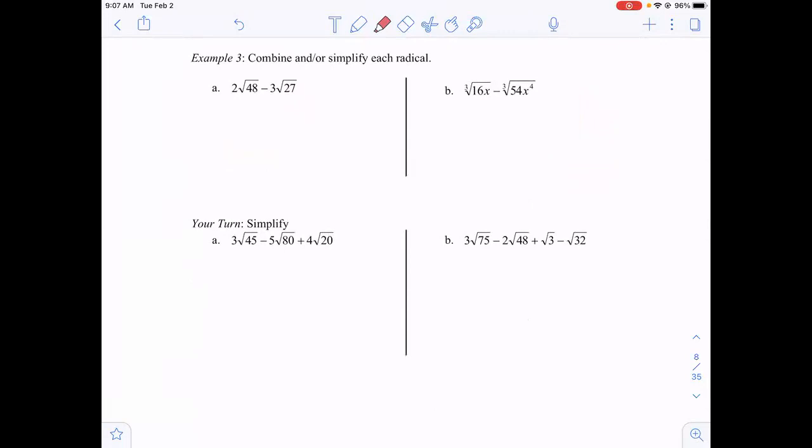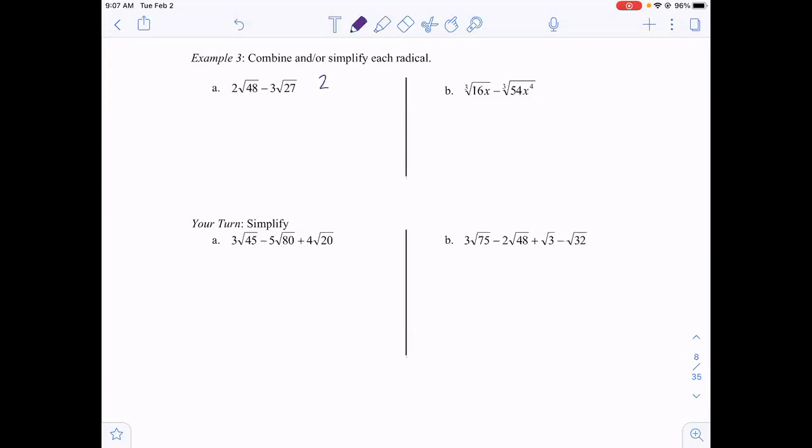All right. So the only way we can combine radical terms is if they have the same index and the value under the radical, so the radicand, is exactly the same. Meaning I would have to have the cube root of 5 plus the cube root of 5 to be able to actually add them together. So think of what's under the radical as variables.